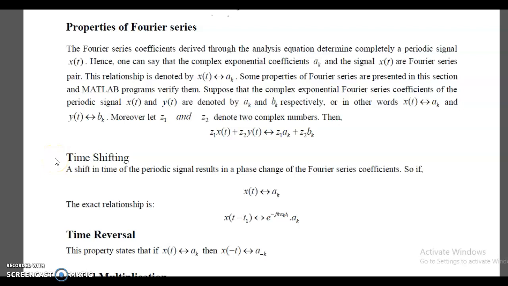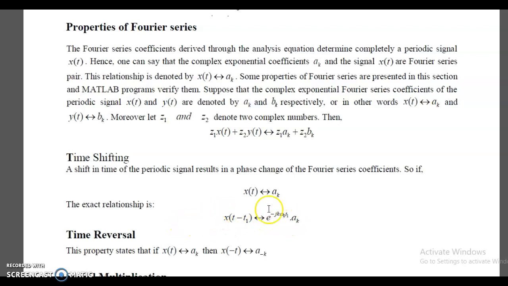Okay, so let's jump to the very first property, that is the time shifting property. If you have the input signal x of t that maps to the Fourier coefficients a k, and if you incorporate a time shift of t1 into your original signal x of t, the coefficients that were a k become something like this: these a k's get another factor that gets multiplied with them.